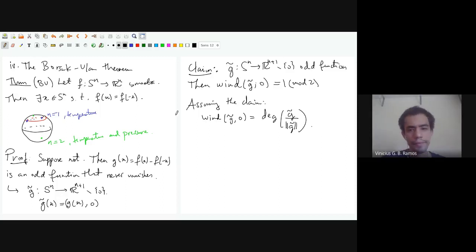And now, the way that I define this function, if I look at the last coordinate, the line in this coordinate, so I can take 0, 0, 1 times r, this line doesn't intersect the image of S^n.